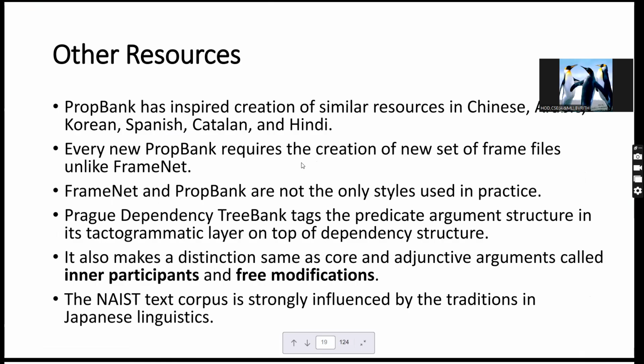And PropBank also requires a new set of frame files, like FrameNets. And these are used not only for the styles and different types of representation of a text we can use. These two are also used to know the inner participants of the text, and the pre-modifications of the text we can do with the help of this PropBank and FrameNet information.